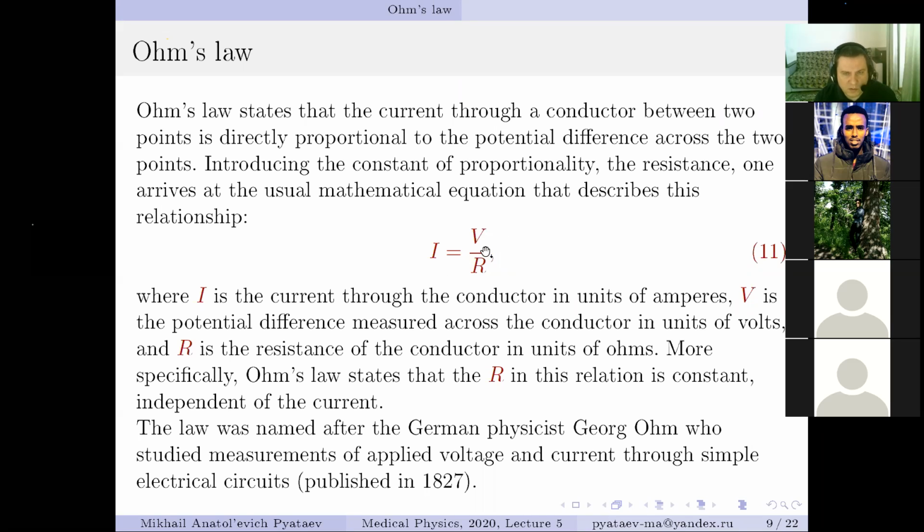That's why V is always small compared to some fundamental voltage, and that's why we have a linear approximation. The dependence of current on voltage could be non-linear, but since we are at the very beginning of this dependence, it always satisfies equation 11.